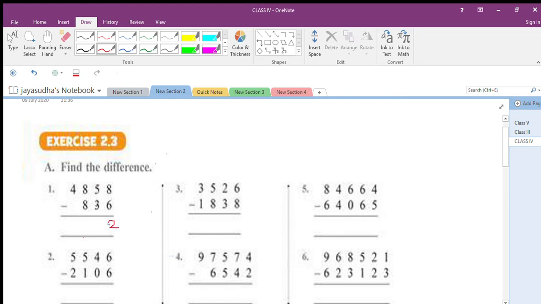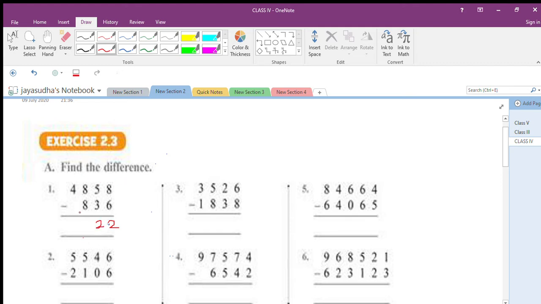Here 5, here 3. So 5 minus 3, what? 2. So this second column is also 2. Whenever you want to do subtraction, you have to count before.